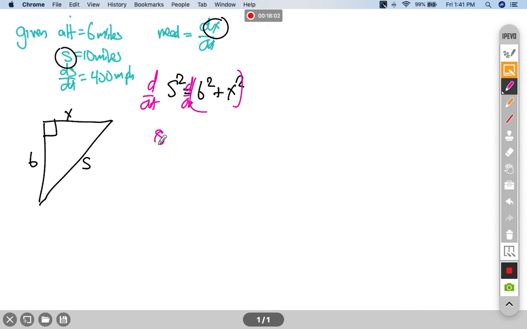S squared is going to be 2s ds/dt. The derivative of 6 squared is going to be 0. And I get 2x dx/dt.